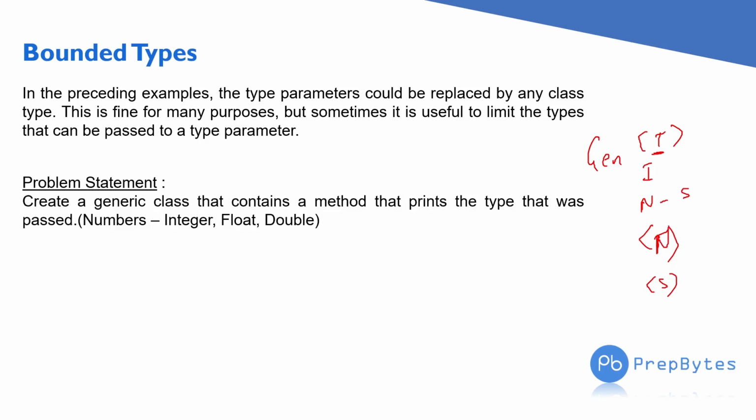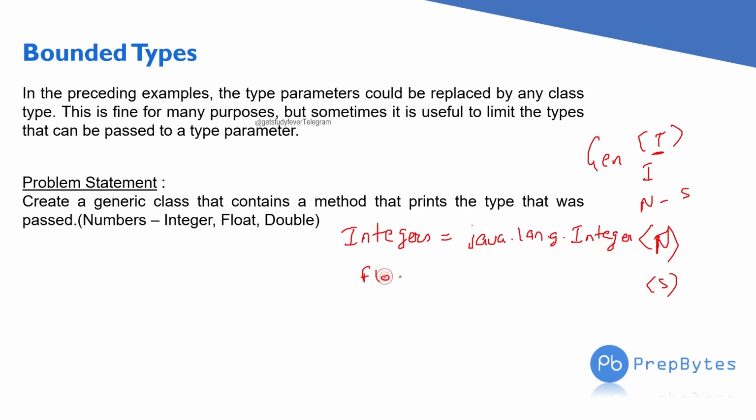The problem statement is: create a generic class that contains a method that prints the type that was passed. The condition is that the type passed should be only Integer, Float, or Double, so a numeric type should be passed. If I pass Integer, it should print java.lang.Integer, because Integer is stored in java.lang.